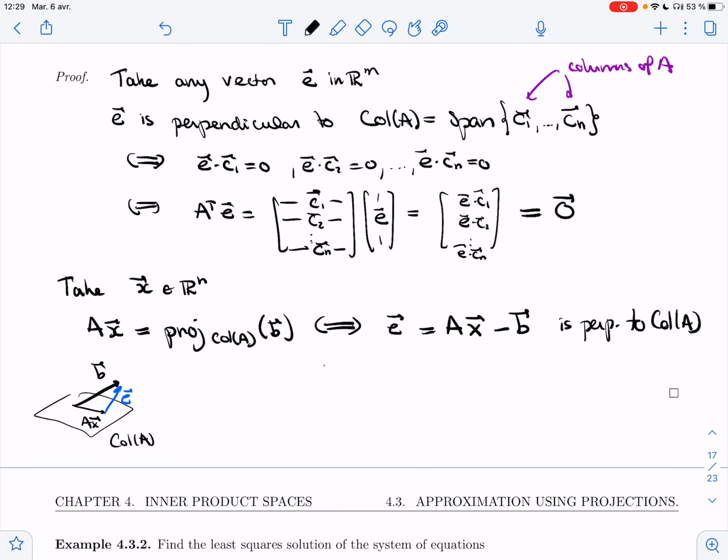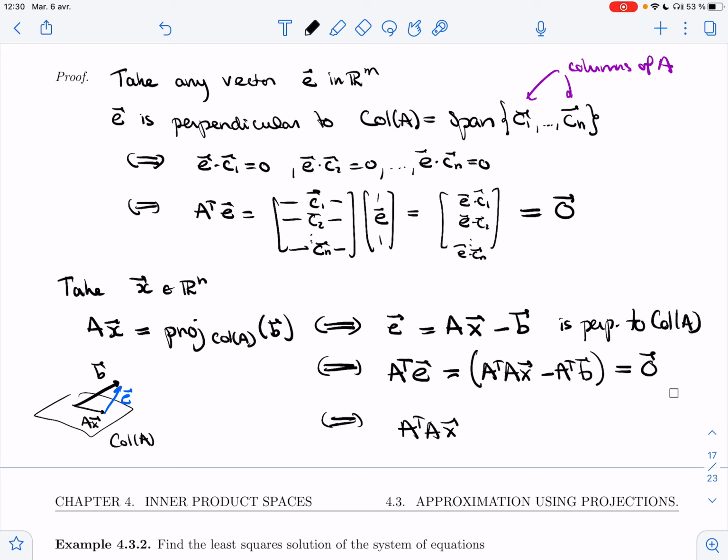That's why we spent so much time on it. So that means A transpose e, well, that's A transpose Ax minus A transpose b, is 0. And so that's the same thing as A transpose Ax equals A transpose b.